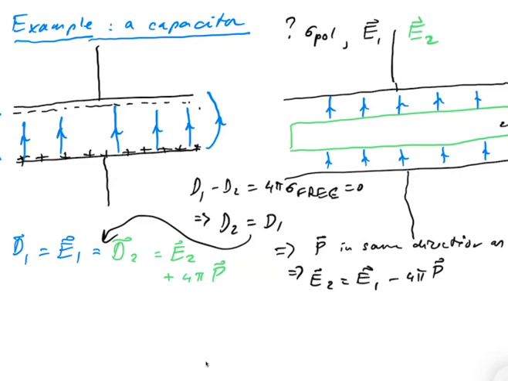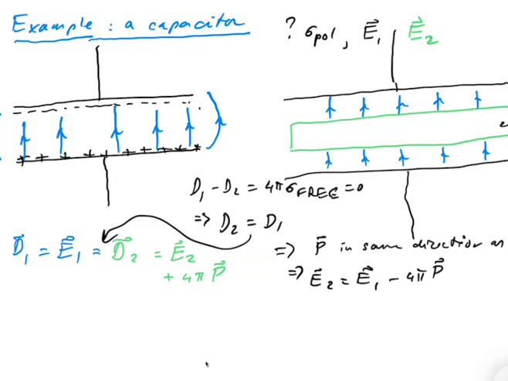But if that sigma free is 0, that means that D2 is D1. Okay, that's good. So in region 1, there is no polarization because it's vacuum. So in region 1, D1 is simply E1. So those are the blue fields, D is E. And then because of the boundary condition, D1 is equal to D2, and D2 can be written as E2 plus 4 pi times the polarization density.